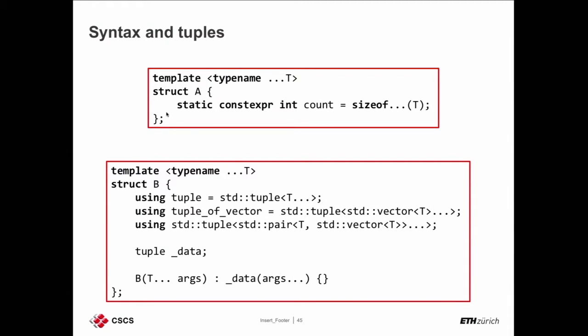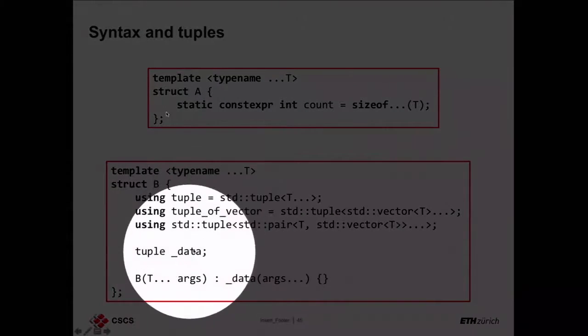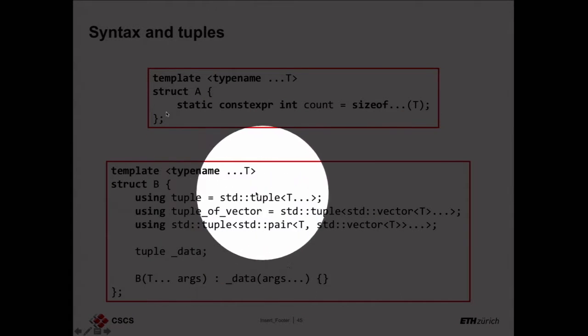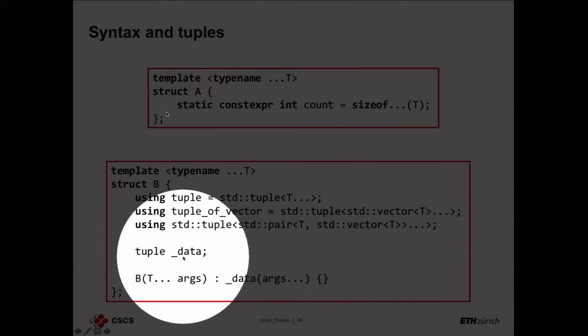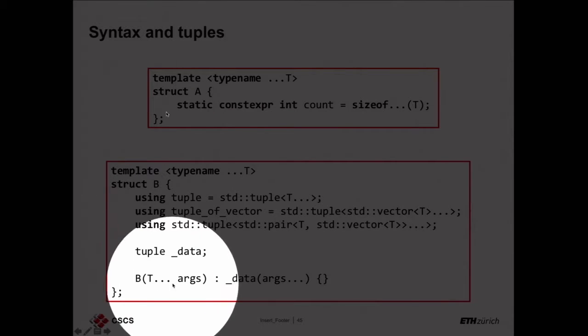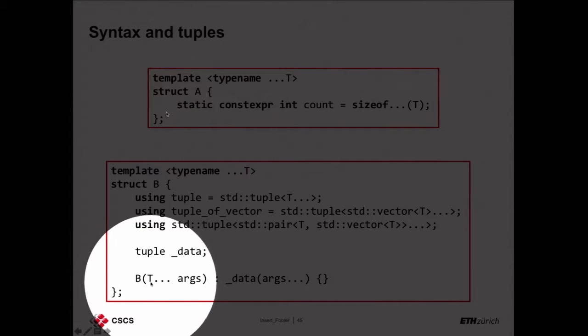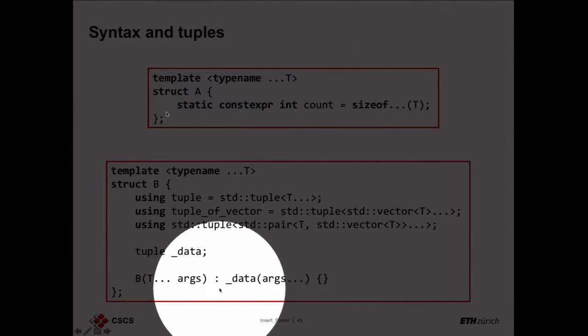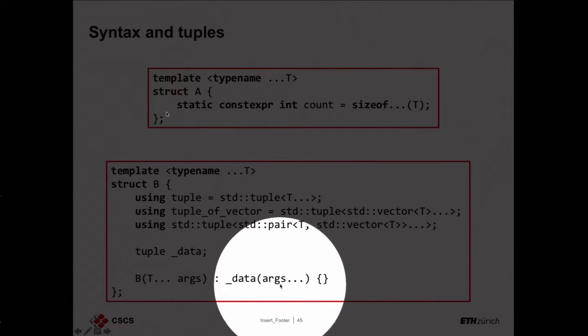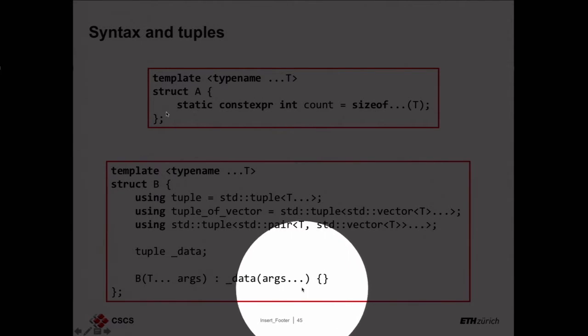And if I want my tuple, which is this type here, and I call it data, my constructor can take the expansion of T, so the list of types, with arguments, and I can instantiate my tuple with the actual values expanded.